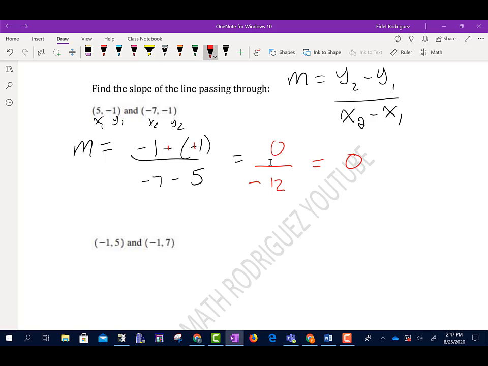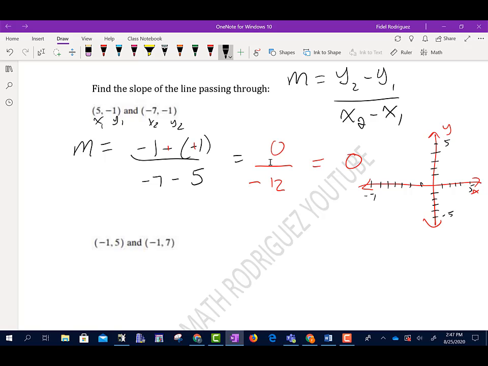I know we weren't going to do any graphing, but I'm going to draw you a quick picture because I want you to get an idea of what this looks like. X and Y. Okay, so 1, 2, 3, 4, 5, and 1, 2, 3, 4, 5, 6, 7.